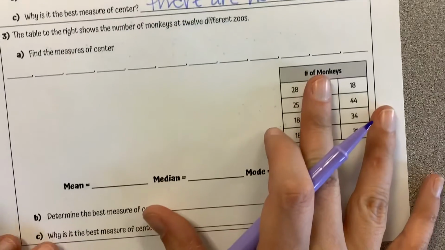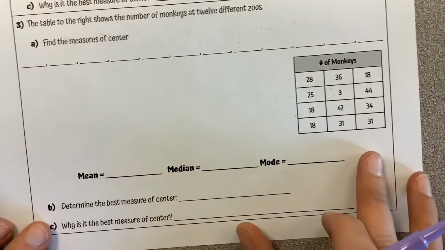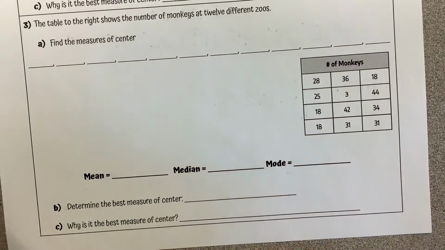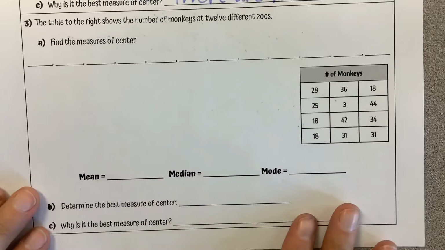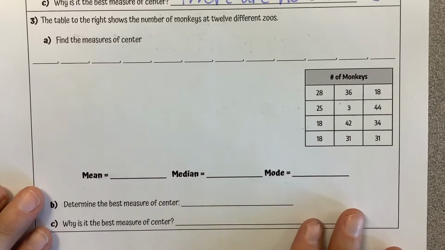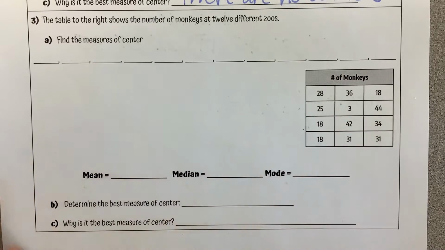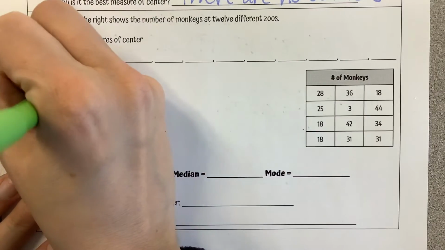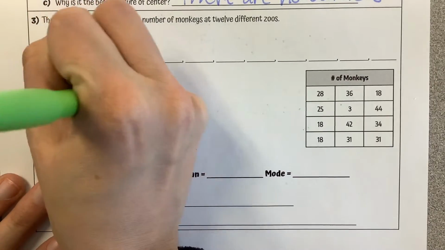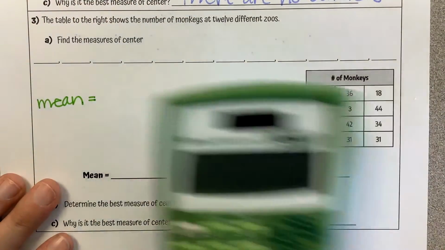All right, let's do one more example. The table to the right shows the number of monkeys at 12 different zoos. So let's go ahead and find the mean. I'm going to add these up.